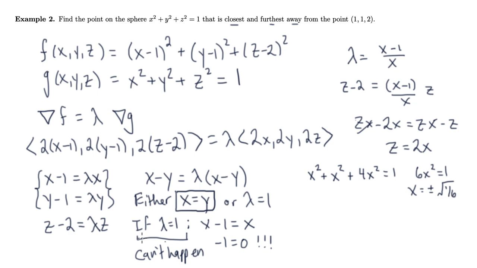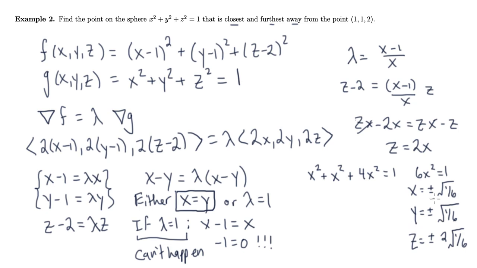And notice that that's also what y is, because x is equal to y. So I get that y is equal to plus or minus the square root of 1 over 6. And then z is twice x. So z is plus or minus 2 times the square root of 1 over 6.